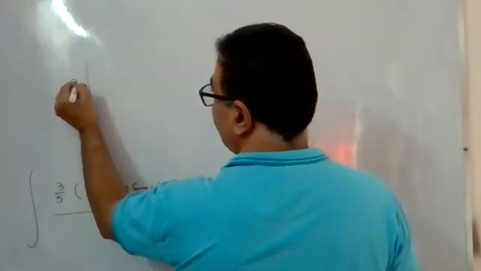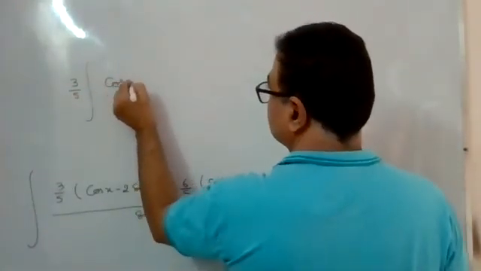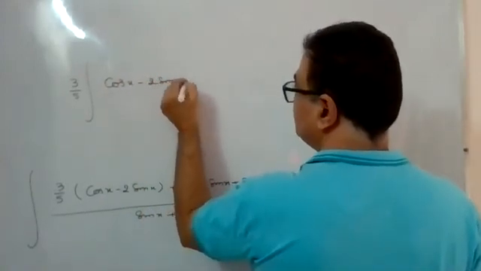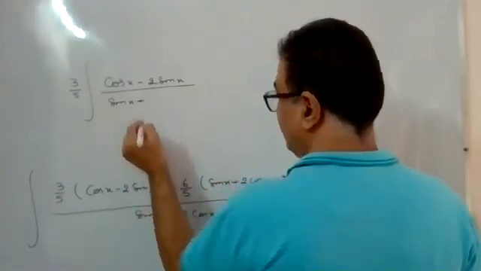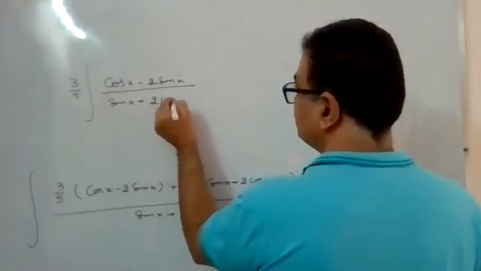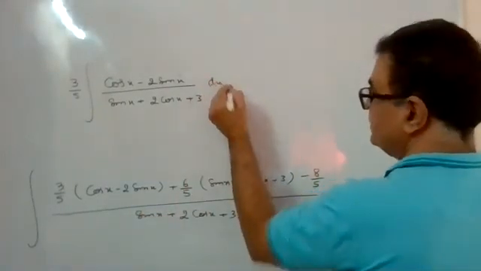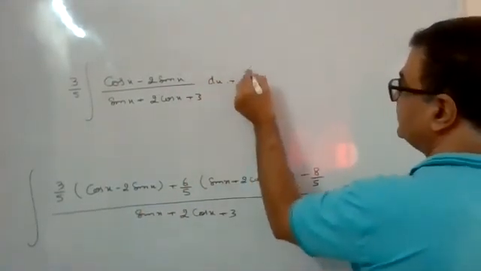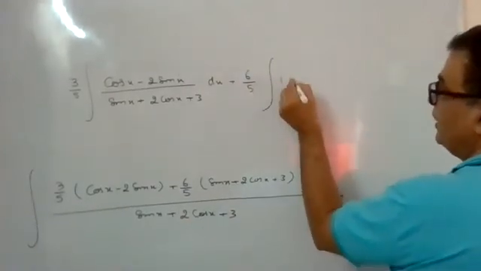Then I'll write this result as 3 by 5 cos x minus 2 sin x whole divided by sin x plus 2 cos x plus 3 dx. Second will come 6 by 5. This and this cancel out, so it will be 1.